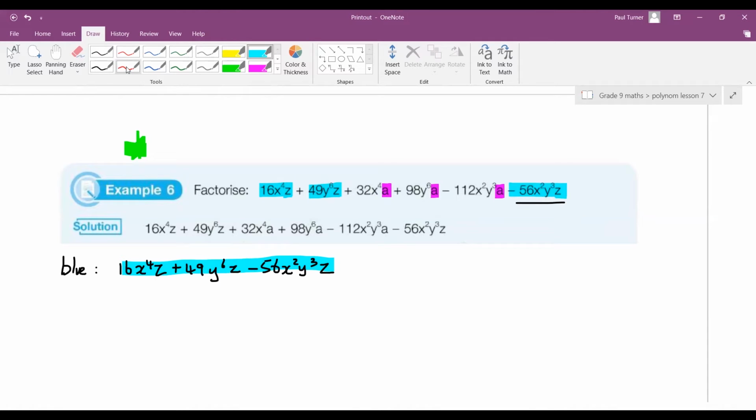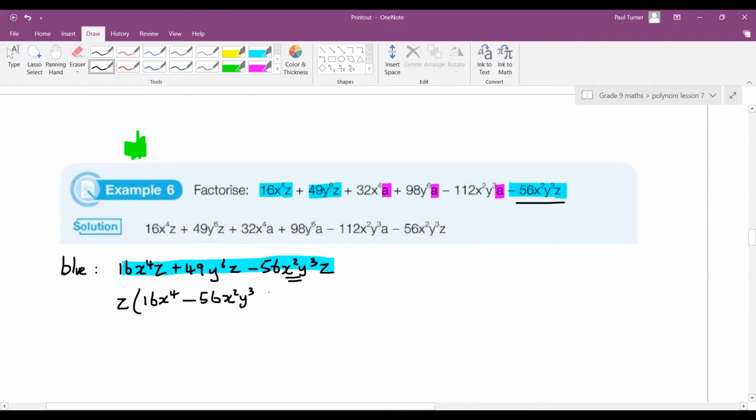When you get good at it, you can simplify a little bit. So now here we see z is a common factor. So I'll take that out. 16x4. Now what I'm going to do, I'm going to put this term in the middle because it's got to combine x and y. So when we do our complete square, this one actually needs to be in the middle. So put that next, 56x squared y3.